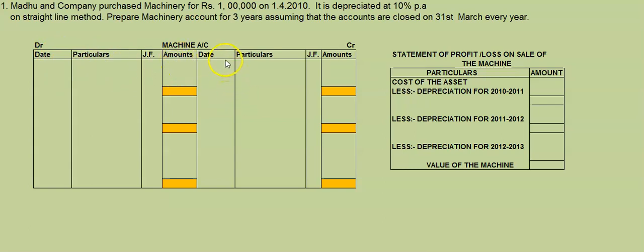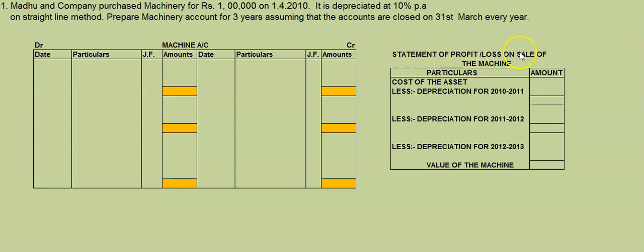The right side again, date column, particulars column, JF column, and amounts column. In the left corner, we write DR, that denotes debit. CR denotes credit in the right side top corner. In the middle of the account, we write the title of the account, that is machine account. So this is the working notes.